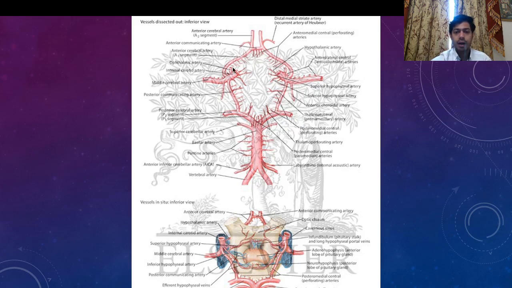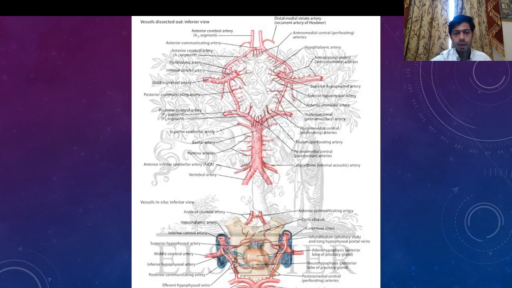And the middle cerebral artery is one of the most commonly injured arteries in the brain, just because it's very, very lateral and it is in close proximity to the surface.